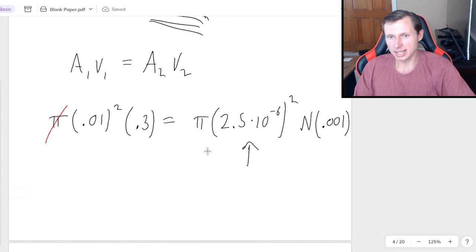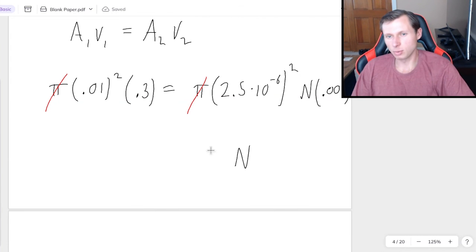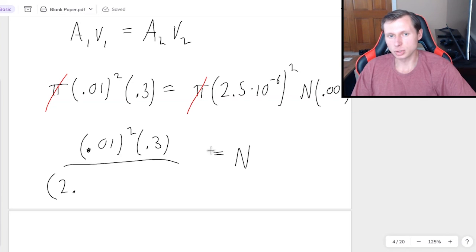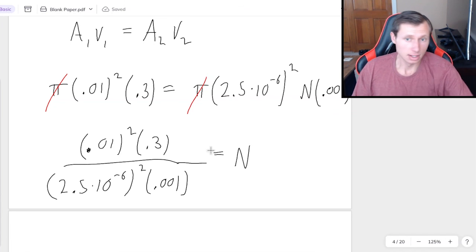So first, pi cancels, which is nice. And then if I want to solve for n, it just means I'm dividing both sides by 2.5 times 10 to the minus 6 squared times 0.001. That's in the denominator. I recommend doing this in a couple steps in your calculator, especially if you're not super strong with your calculator and you're afraid you're going to make a mistake.